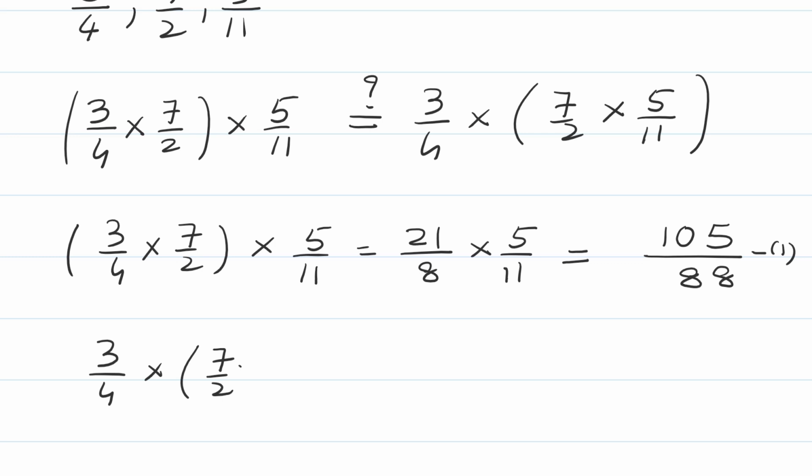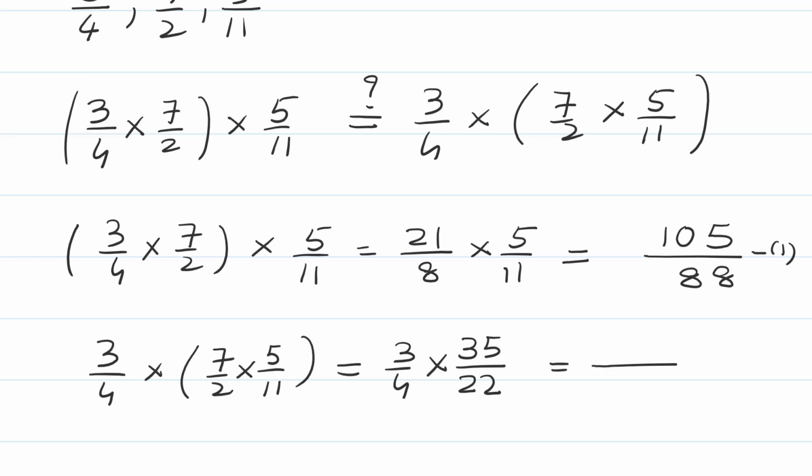Now consider the RHS. On the right hand side we first combine 7 by 2 and 5 by 11, and then we multiply the result by 3 by 4. 7 into 5 is 35, 2 into 11 is 22. 3 into 35 is 105, 4 into 22 is 88.